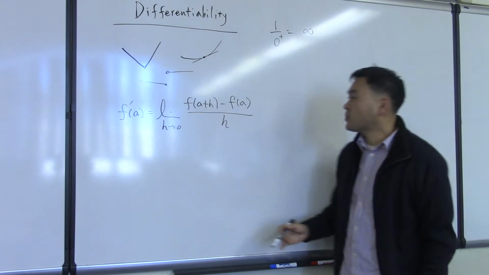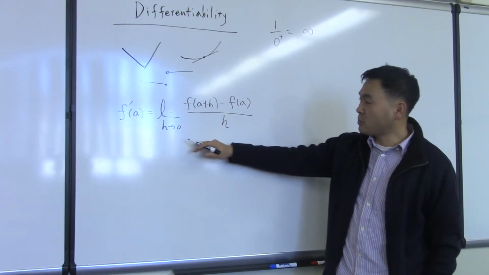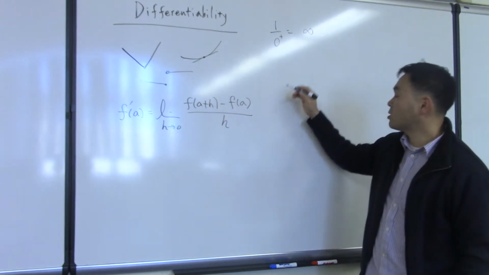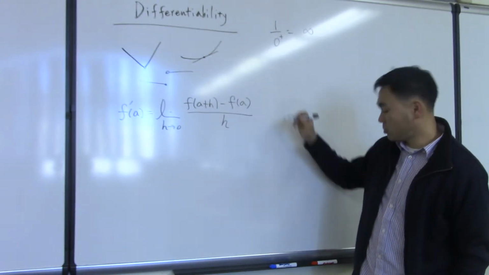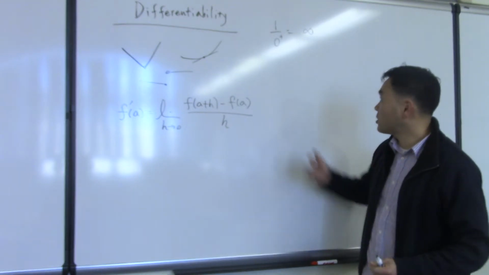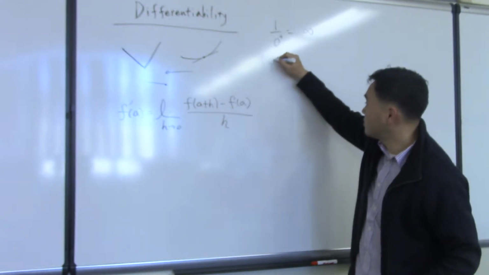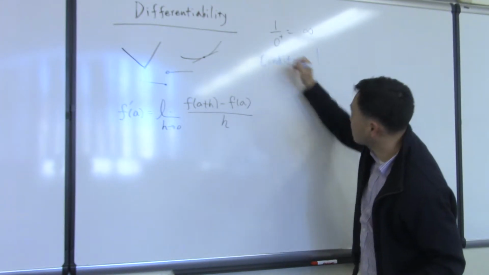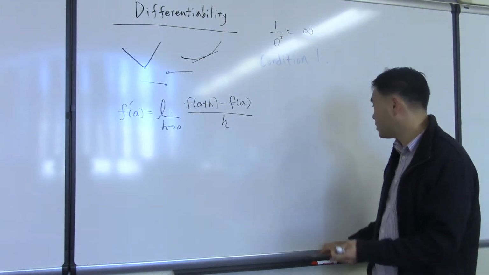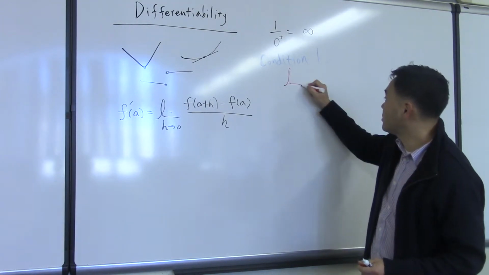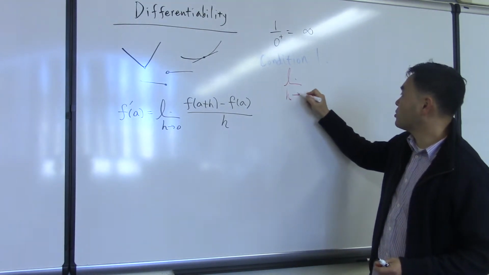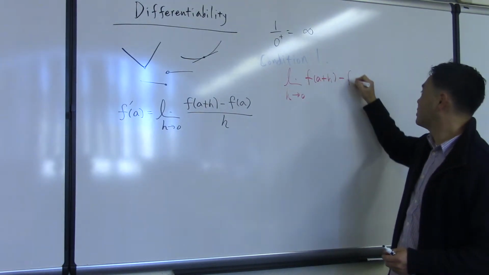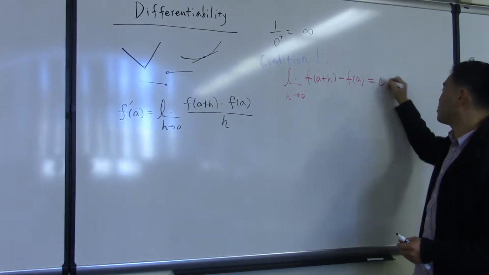So the first condition that you would expect, just looking at this definition, is that in order for the limit to exist, condition 1 is that the limit as h goes to 0 of this top part has to be 0.